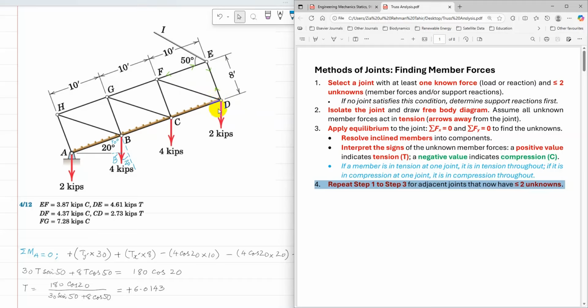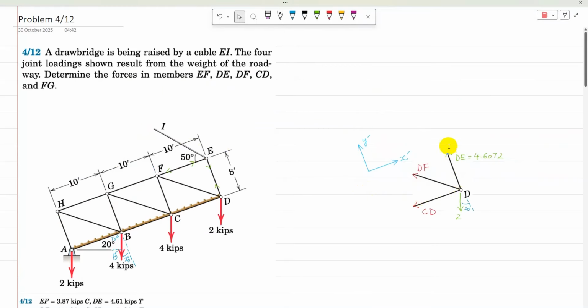So I'm going to solve joint D now. So the free body diagram of joint D is drawn. At joint D, DE is known now, and the 2 kilopound force is also known, making an angle 20 with the y-axis, and then CD and DF are both assumed in tension.